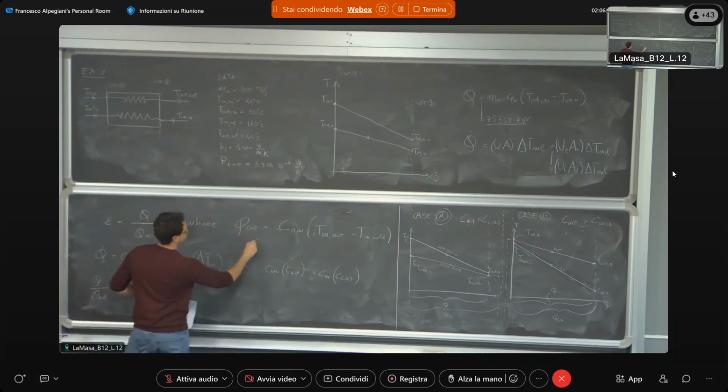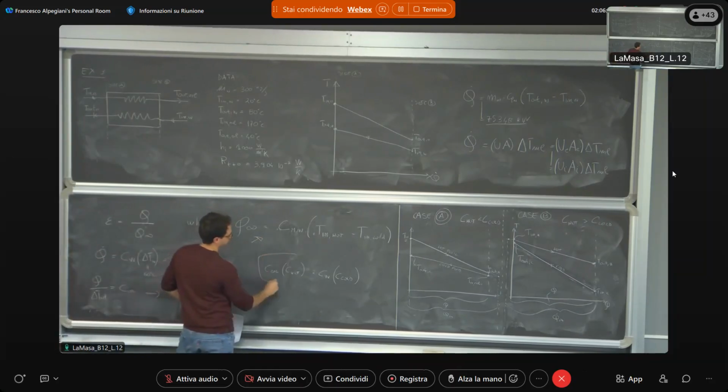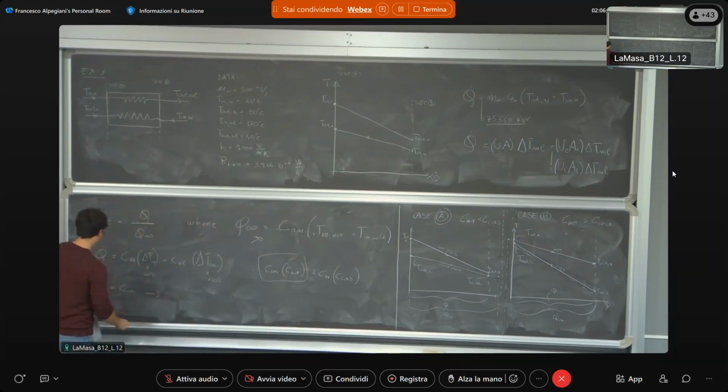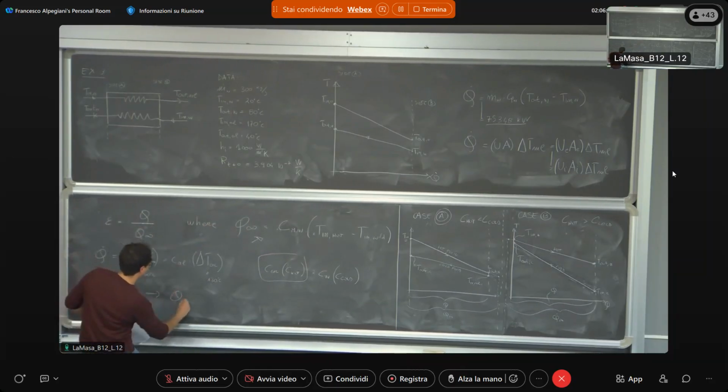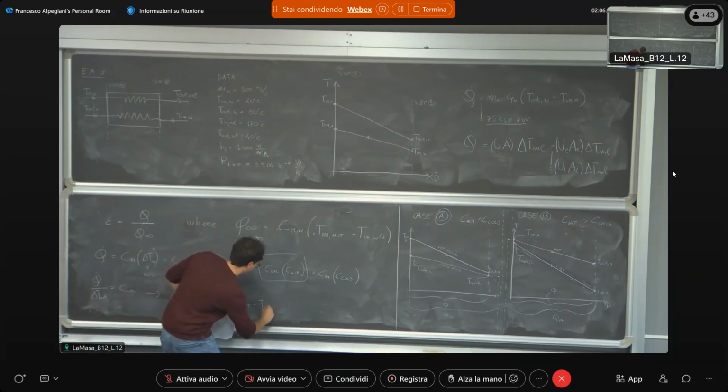So even using this one, you know that C min is the one of the oil. So you can evaluate Q infinite as C oil times T in hot minus T in cold.